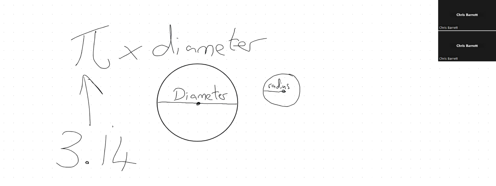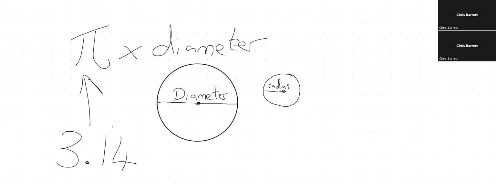The most commonly known number for pi is 3.14. It's used to help you find the circumference and the area of a circle, and it's also used for other things to do with circles as well.